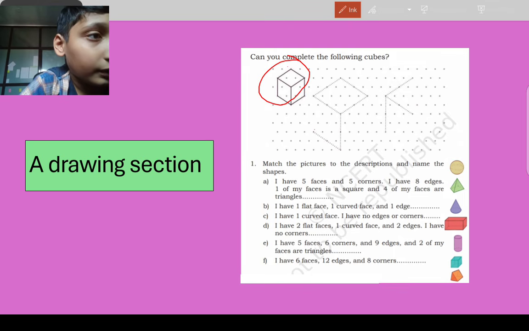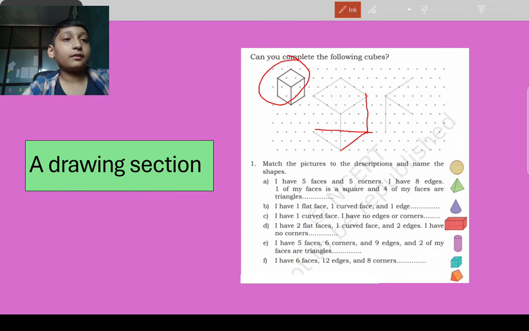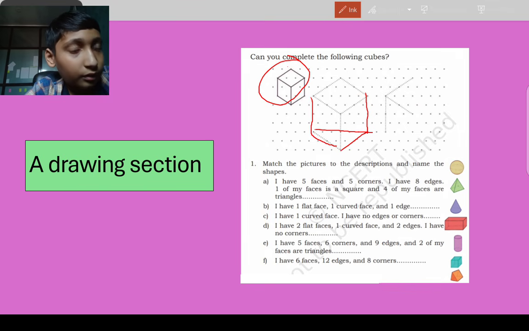Firstly, this line is ending here, so we do it here, like this, and we stop. Then we connect this point to this point. And then the last 3 is the easiest. You have to just connect this point, and then just trace the dots.